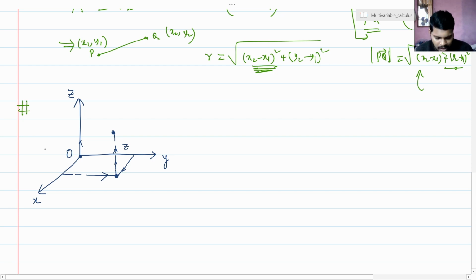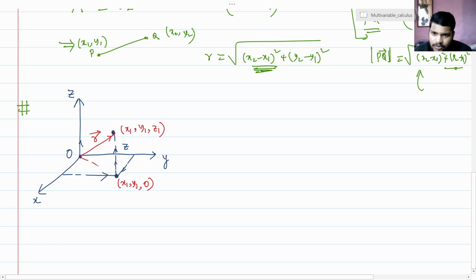Whenever we have to find the distance from the origin, we can write over here the r vector, or the position vector; the magnitude of the r vector is the distance. When this point was in x and y, you can coordinate it as x1, y1, with z equal to 0. But whenever you are here, depending on how much z you have traveled, you have the coordinate as x1, y1, and z1.